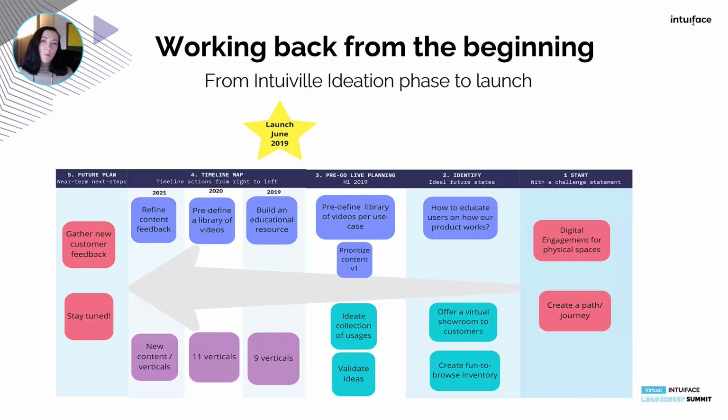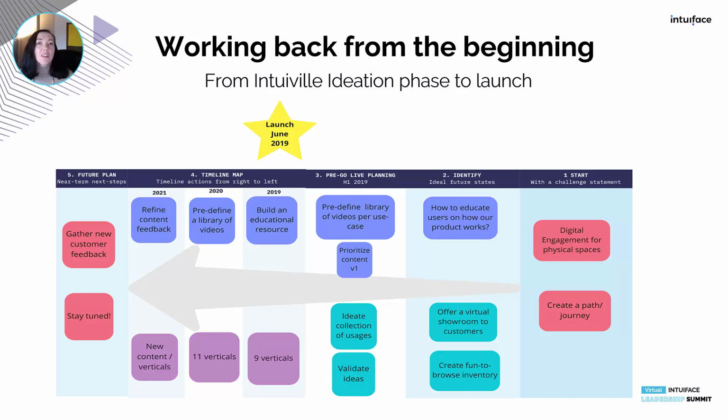So let's work back from the beginning. Word of advice, please think here right to left. Going back to the focal point, we really had to keep in mind what was centric to our brand messaging in illustrating what was at the time, in 2019, our mission statement, Promised Land Digital Engagement for Physical Spaces, reinvented.